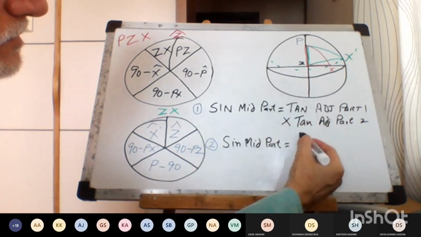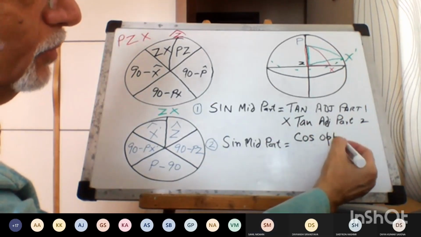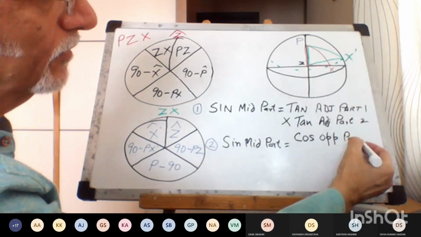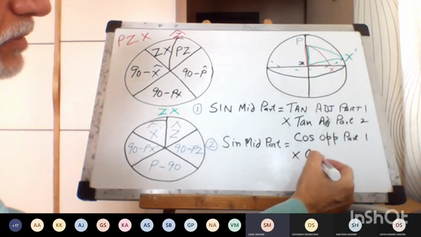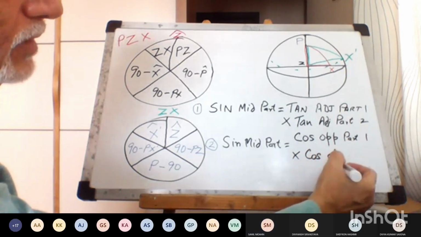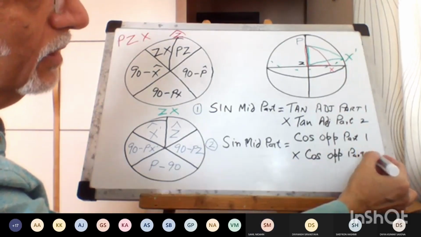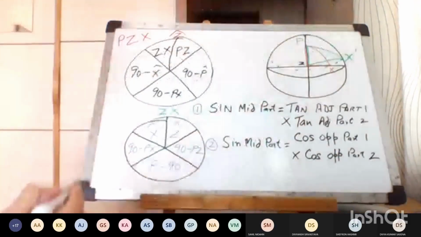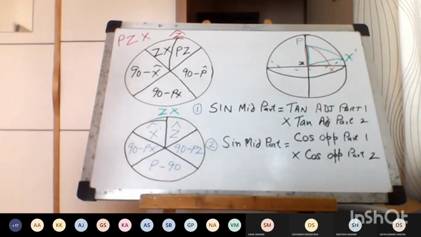Sine mid part is equal to cos opposite part 1 multiplied by cos opposite part 2. These are the two formulas that we will be using.